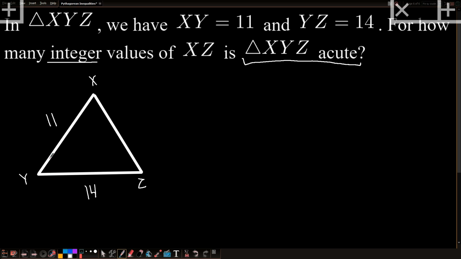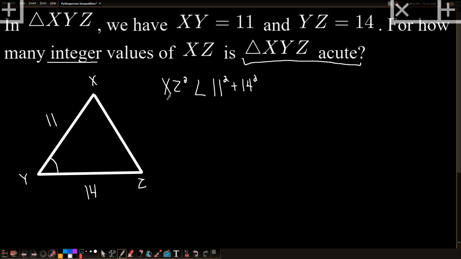So let's see, in order for angle Y to be acute, then the side opposite to it, XZ squared, must be strictly less than the other two sides squared. So 11 squared plus 14 squared.